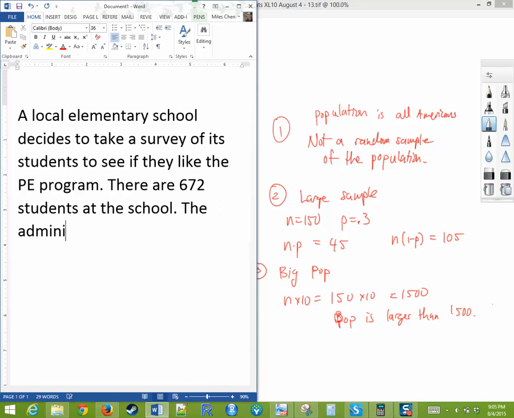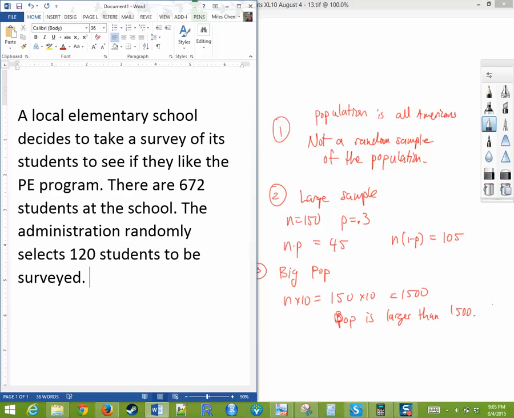The administration randomly selects 120 students to be surveyed. Of the surveyed students, 80 of them like PE.